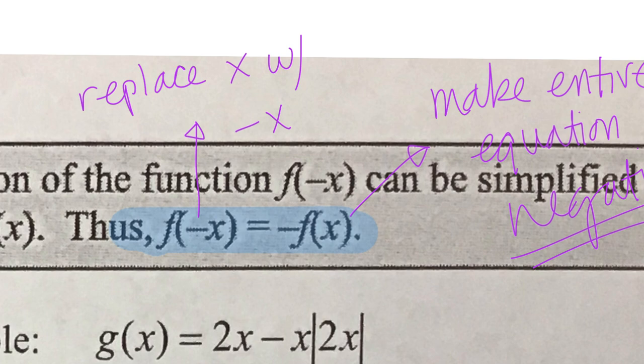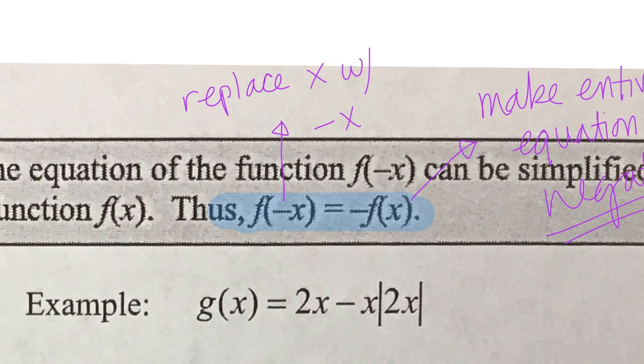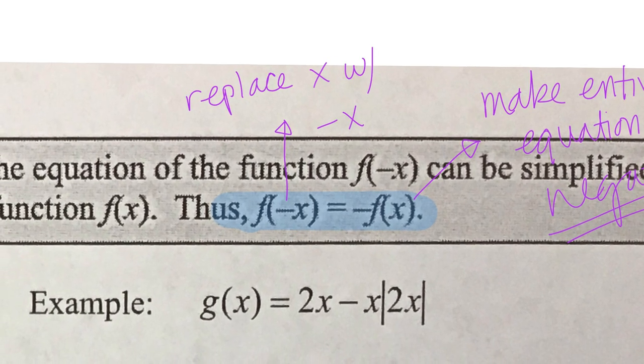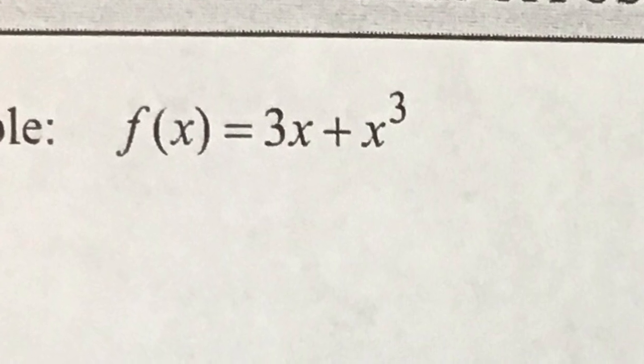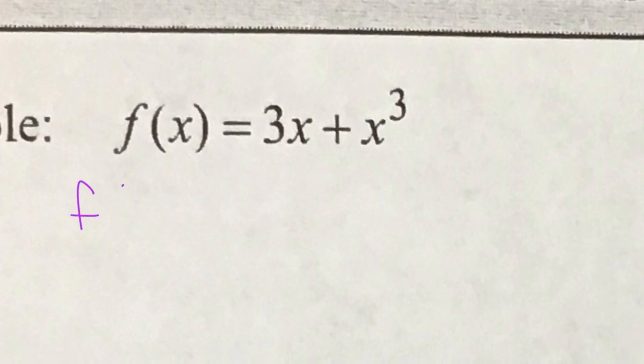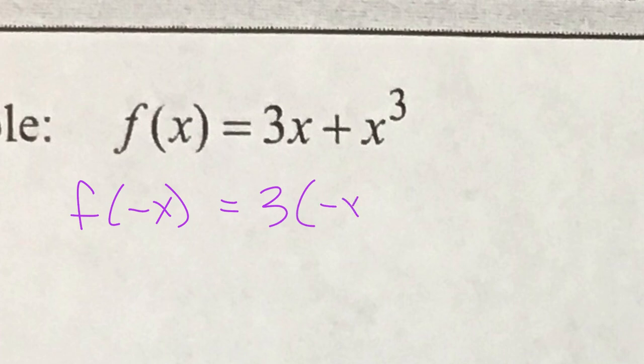So we're making x negative again, and we're also making the entire equation negative. That's what negative f of x means: make the equation negative. So first thing is replace x with negative x, the same thing that we do to test for even.